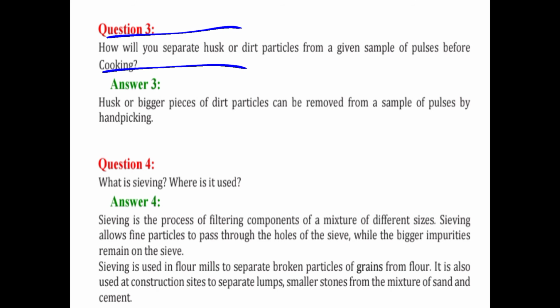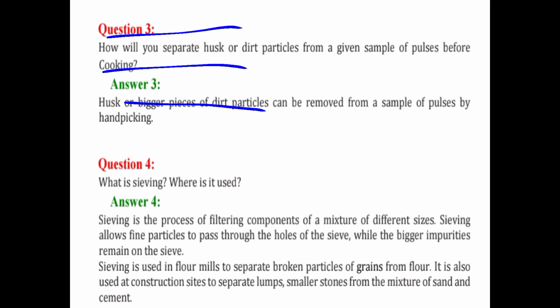If there are husk or dirt particles in pulses that you are going to cook, what will you do? Husk or bigger particles of dirt can be removed from the sample of pulses by hand picking. So this is the answer to question number 3.